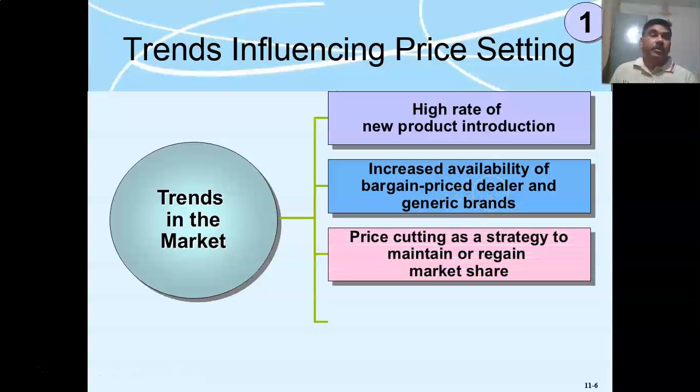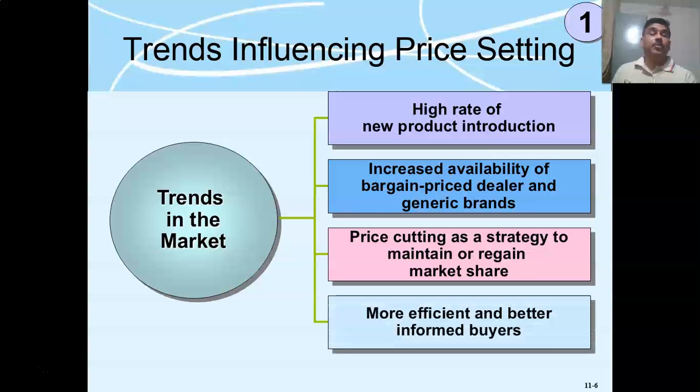Then price cutting as a strategy to maintain or regain market share. So price cutting is also one of the factors that influence price setting. If the producer wants to maintain or regain market share, then the price can fluctuate accordingly.